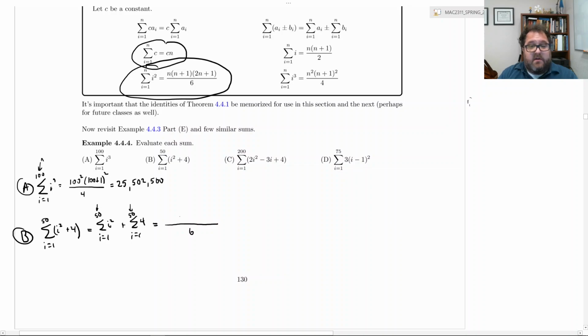That's 50. So we have 50 times 50 plus 1 times 2 times 50 plus 1 over 6 for the first one. And the second one is a constant, so it's just 4 times the upper bound, 4 times 50.